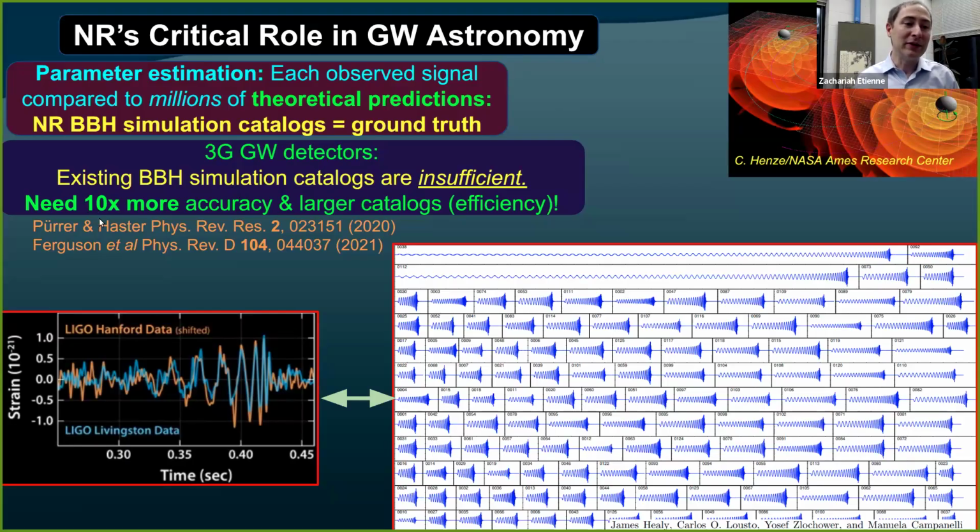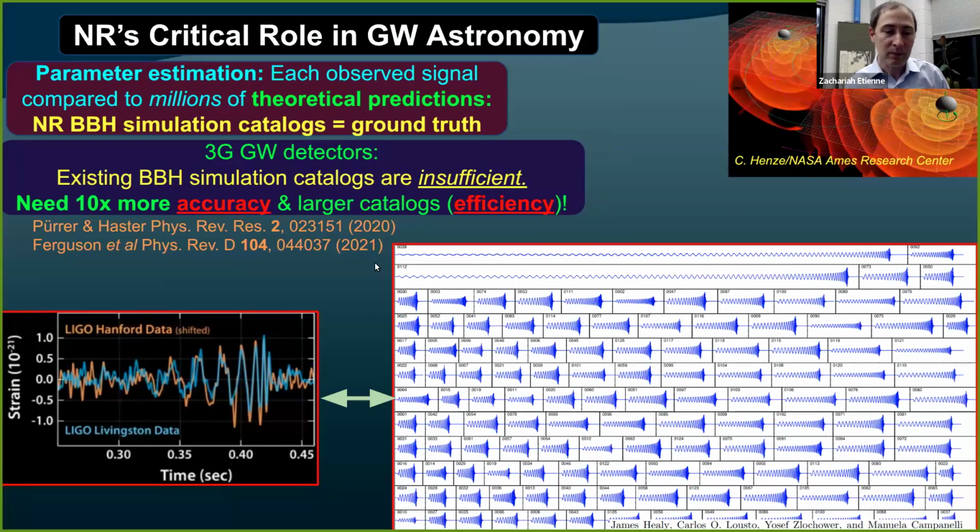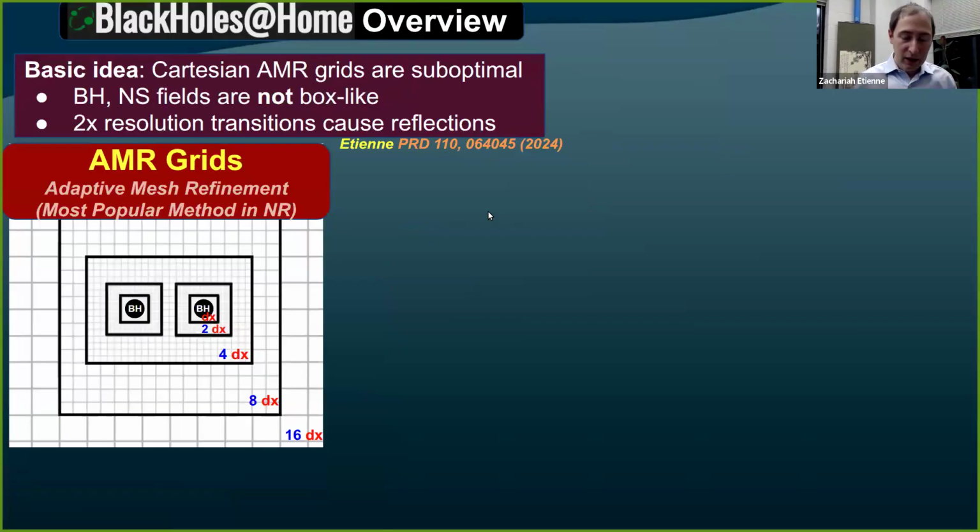where we need to fill the gap: 10 times more accuracy, and we need larger catalogs because of the more diverse binary scenarios that these next generation detectors will be capable of observing. So I'm underscoring here the fact that we need more accuracy and more catalogs at reasonable computational cost efficiency.